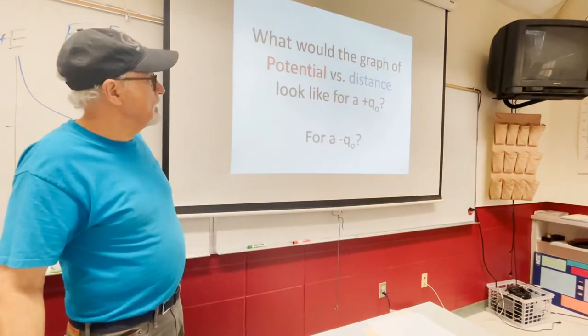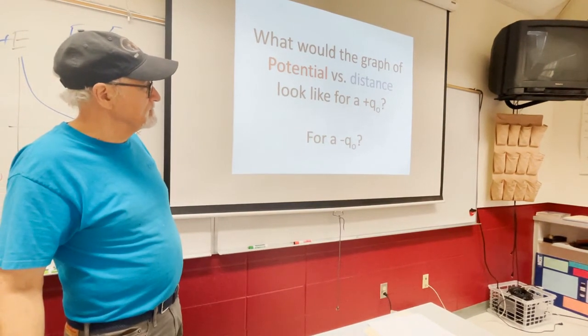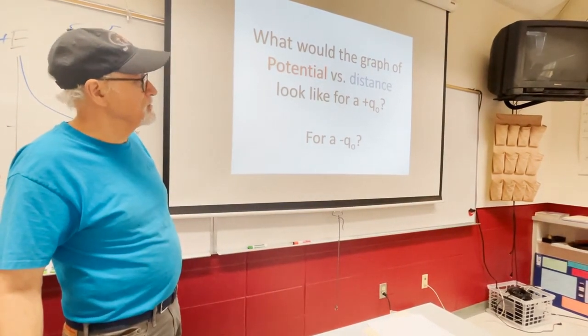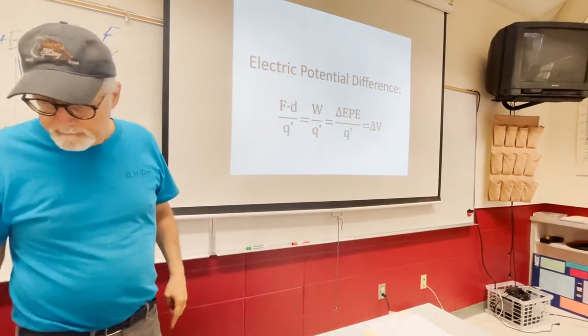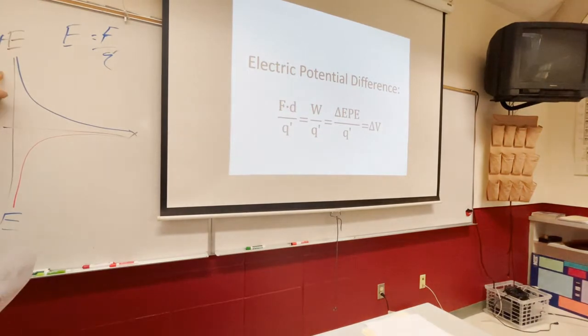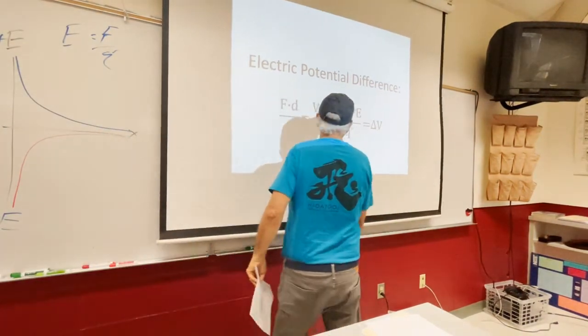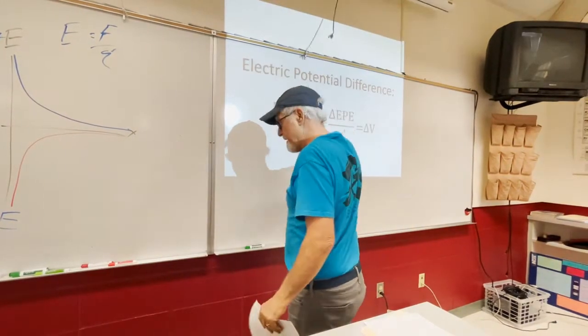But what would the graph of potential versus distance look like for a positive originating charge? Didn't we already do that? No, we've got field force, electric field, and now we're going to do potential. Oh, the field was the intensity. That's right.